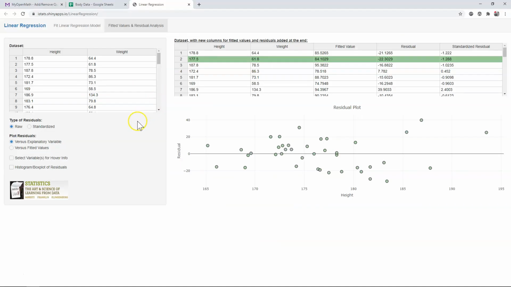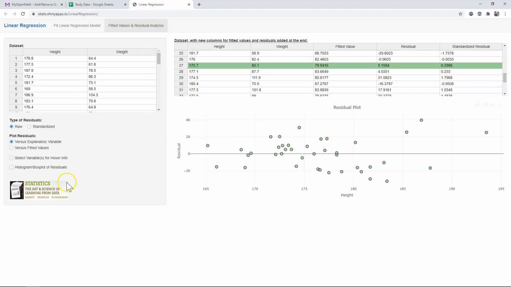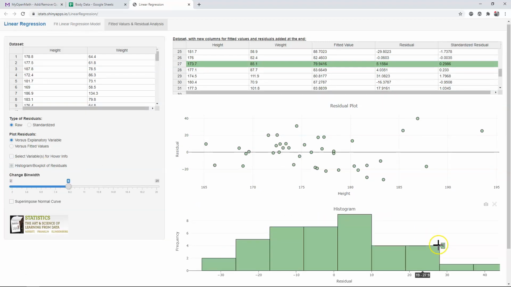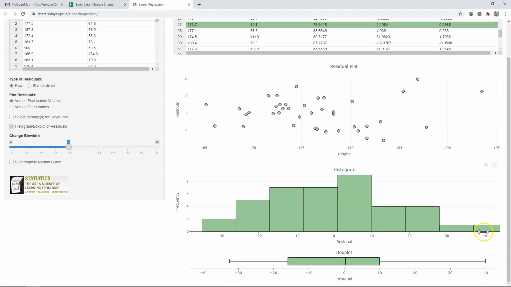One way we can check that is in this same output, where you'll see a box listed as histogram or box plot of residuals. When we click that, we get a nice box plot and histogram. This helps us see, does it look approximately unimodal and symmetric? It's not going to be perfect. It might even have a slight skew to it, but looking at both of these, it does look somewhat symmetric.